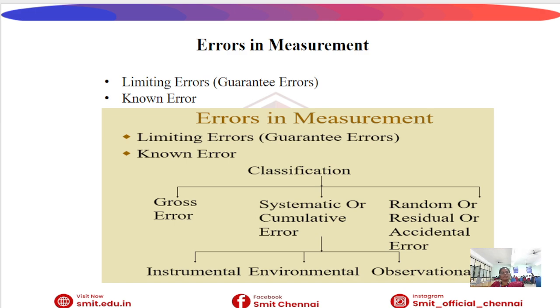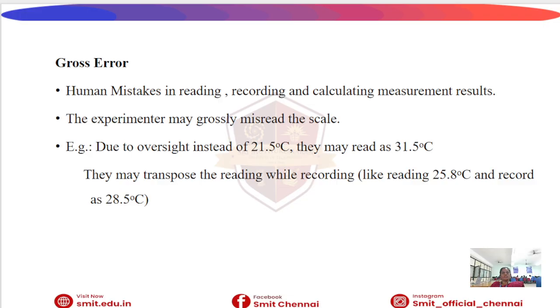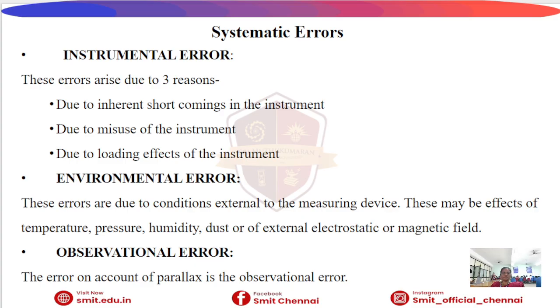The errors in measurement are classified into gross errors, systematic errors, and residual or random errors. The gross errors are caused by human mistakes such as wrong reading, wrong recording, and wrong calculation. These errors can be avoided by careful observation and repeated measurements. Systematic errors are consistent and repeatable errors.